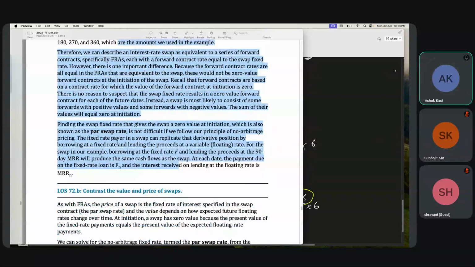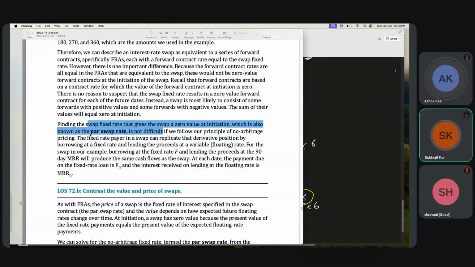This line is okay. We also have put-call parity and all those things ahead. Swap fixed rate that gives the swap a zero value at initiation, which is also known as par swap rate. This line is needed. This much is enough.